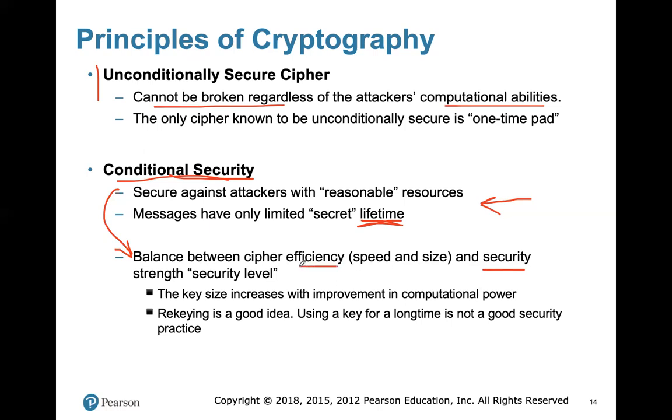In that case, I don't need to make the encryption algorithm very tough or very complicated, because I just want to make sure that the encryption can stand for 10 years or 20 years. So I don't need something super complicated. As a designer, I can make a balance between efficiency in terms of speed, size, and hardware resources that encryption needs, and on the other side, the security.